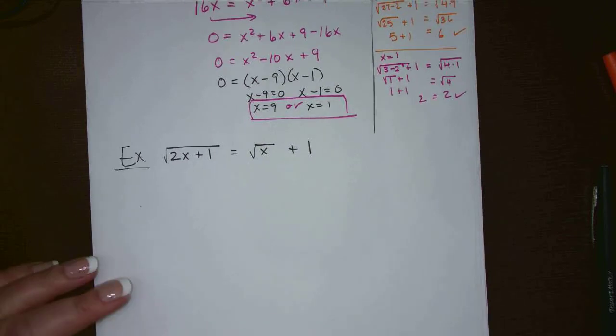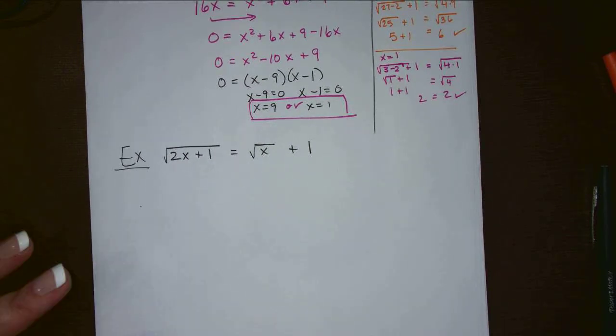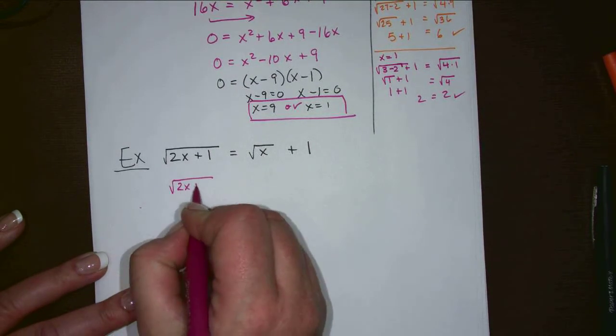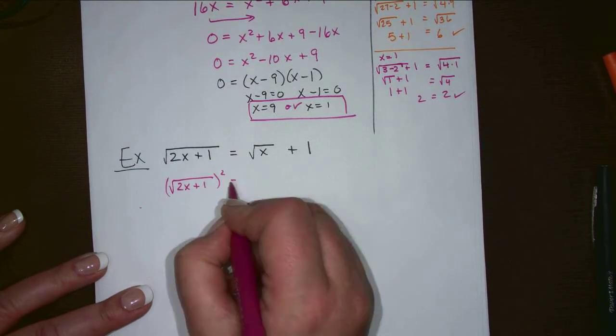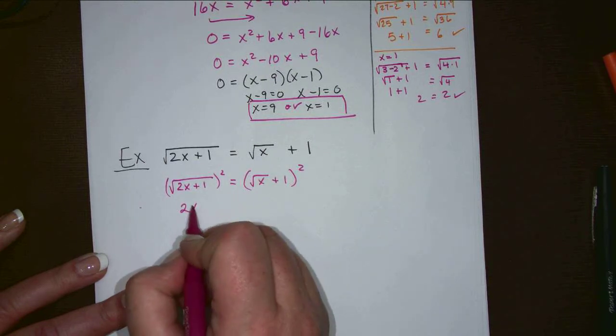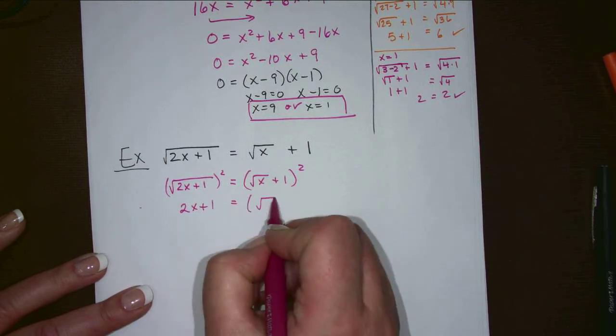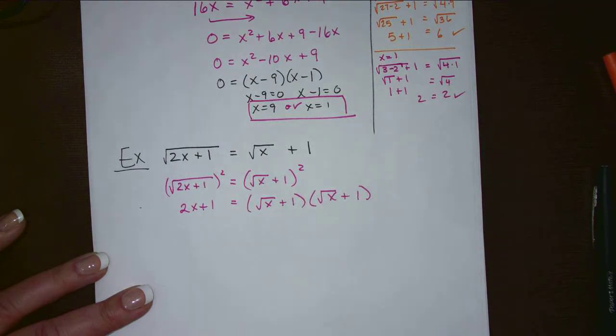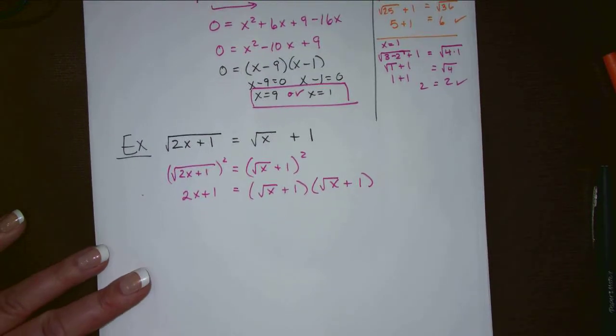So first step is isolate the hardest radical, which is already isolated, so we square both sides. Remember to put a bracket over both sides. This one will be 2x plus 1, and the other one we need to use FOIL to expand it. So just rewrite the 2x plus 1.